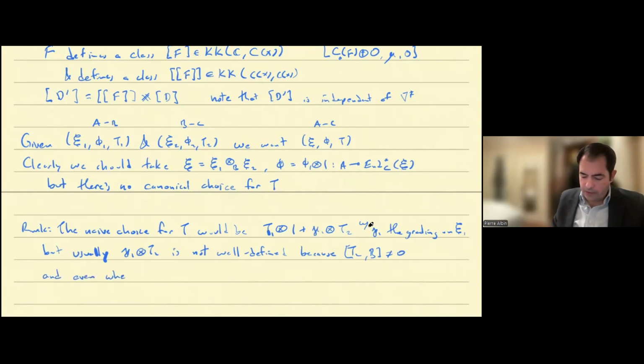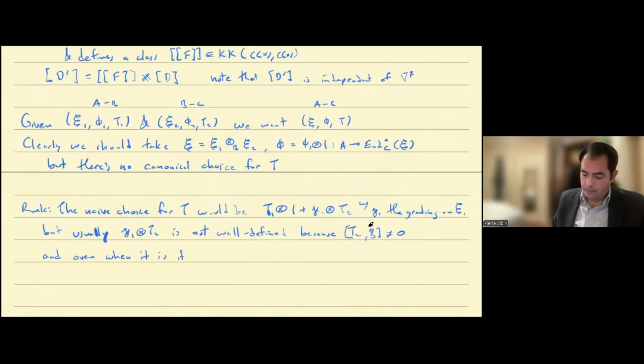And even when it is, it might not define a Kasparov B-module. For example, if you square it, you don't really expect it to be equal to 1. You'd expect it to be equal to 2, because each of these factors would square to 1.